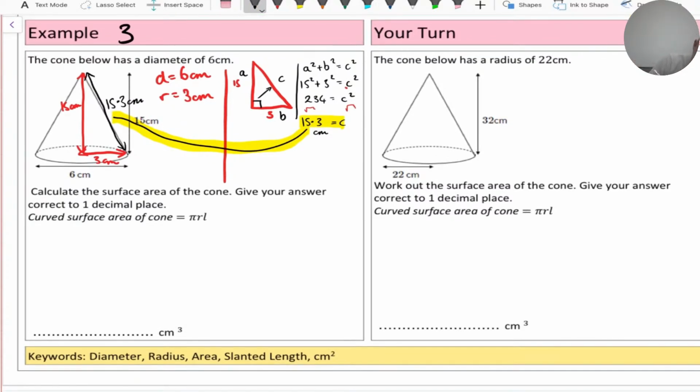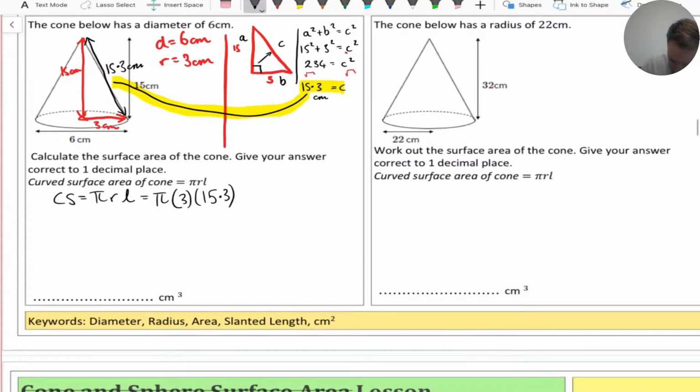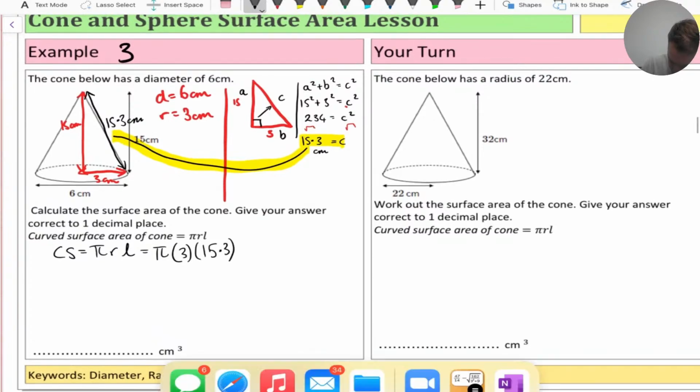So we've got to do the curved surface. I'm going to call that CS is equal to pi RL, which in this case is pi times by my radius, which is 3, times by L, which is 15.3. So let's have a go at that one there now.